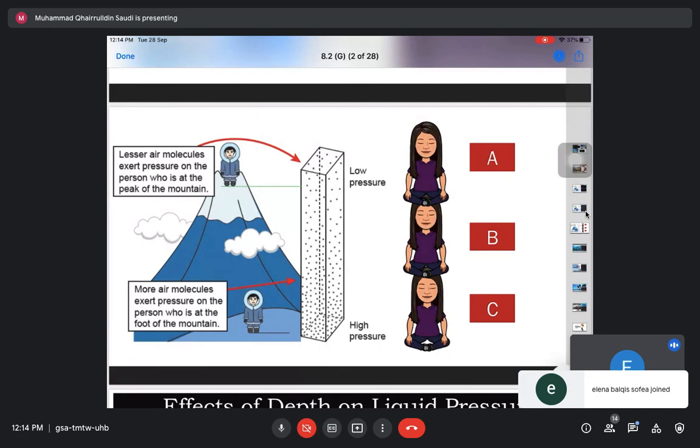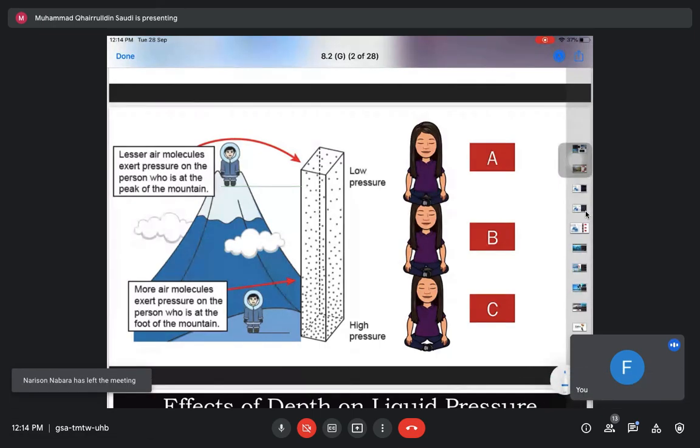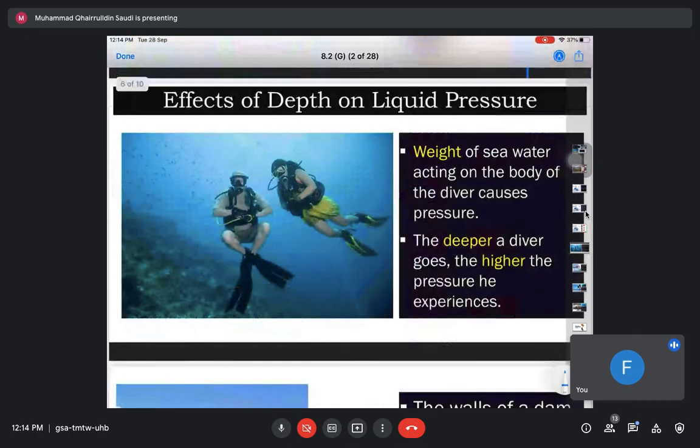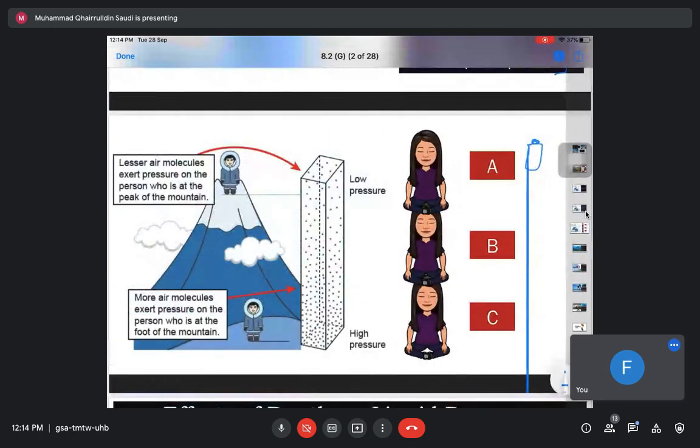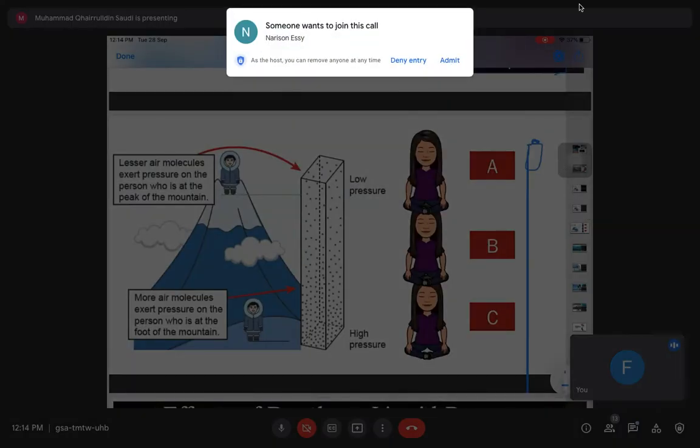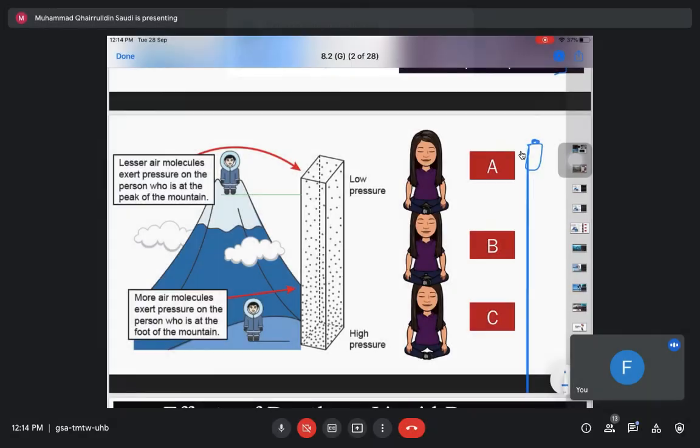But when the aeroplane landed, what will happen to your empty bottle? Can you guess? Okay, when you are at the higher altitude, the shape is still there. Nothing happened to the bottle. But when the aeroplane landed, what will happen? Can you guess what will happen to the bottle?